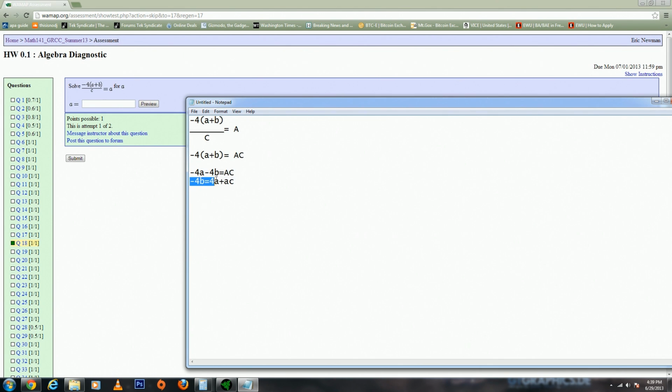Alright. So now that we have that, we're going to go ahead and factor. Factoring is kind of like the anti-distributive property. Because if you see what I did right here, I just distributed 4 to a and b. Now what if I wanted to take 4 from a and b? Well, then I would just get this right here. If somebody asked me to factor from here, I could take a negative 4 out and then just get a plus b.